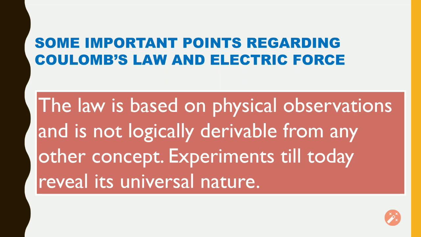Sometimes you have seen that we derived Newton's universal law of gravitation from Kepler's laws of planetary motion, in class 11th, in the chapter of gravitation. But in case of Coulomb's law, you can't say that it can be derived from some other law or concept. Experimentally, till date, it is not violated.